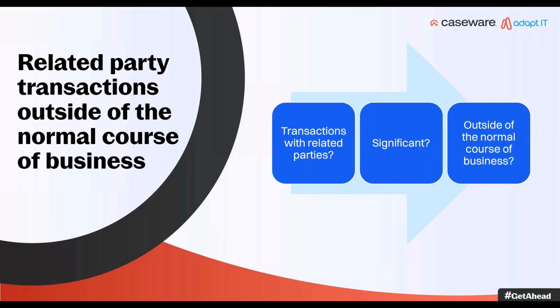The second question is: are these transactions with related parties significant? Not material, significant. I'm very loosely making that connection, but to a large degree the term significant means needing special attention, extra important, big, things like that.